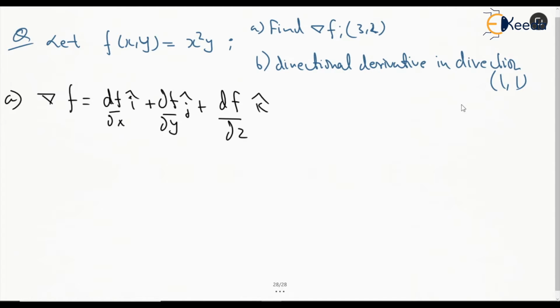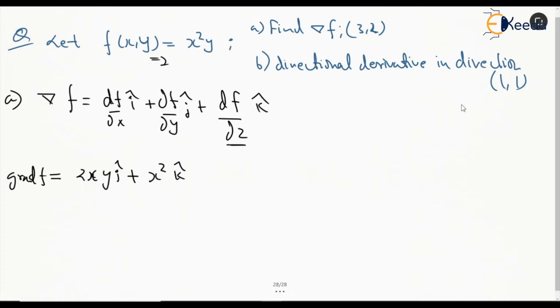But now that the function is not depending on z, or it is constant with respect to z, this term is going to be 0. With respect to x the derivative is going to be 2xy for i cap, and with respect to y it is simply x square j cap. So this is grad f.